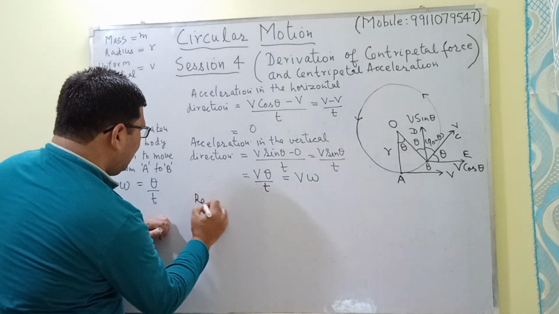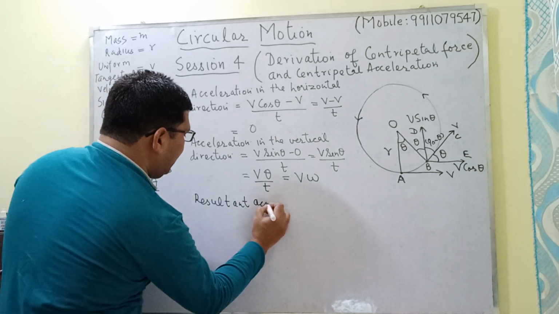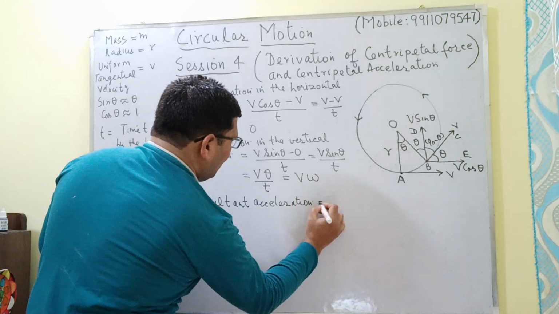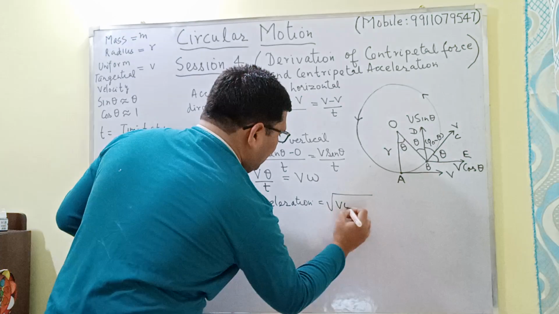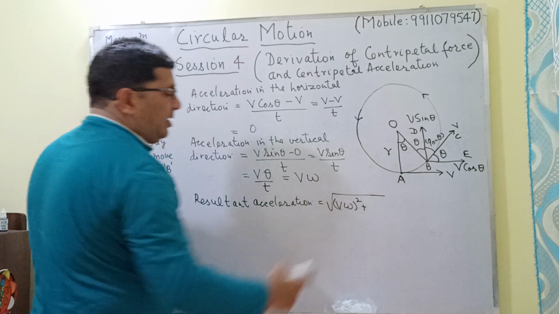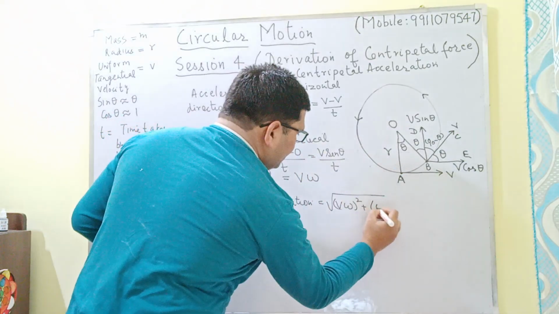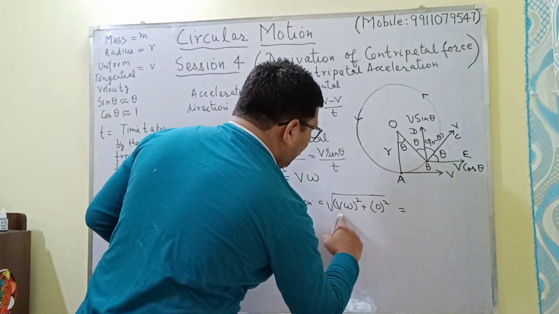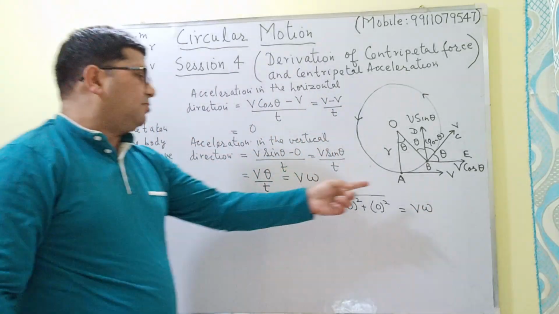So the resultant acceleration of the body will be equal to the square root of V omega square plus the square of the horizontal component, but the horizontal component is equal to 0. So the square of the horizontal component is 0 square. So ultimately what we are getting is V omega is the resultant acceleration of this body.